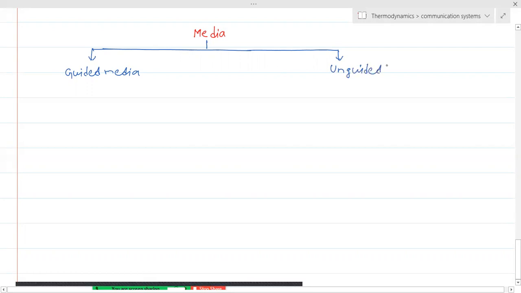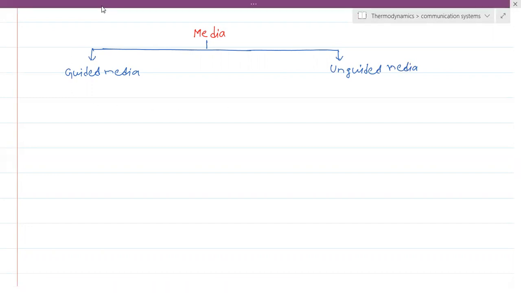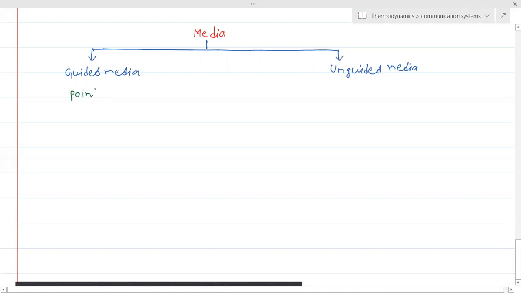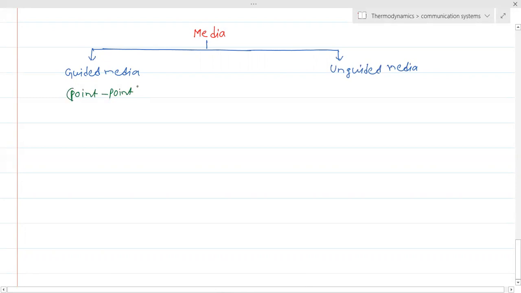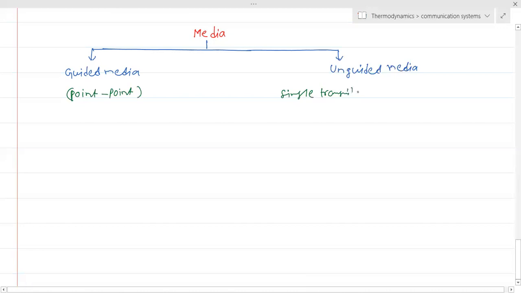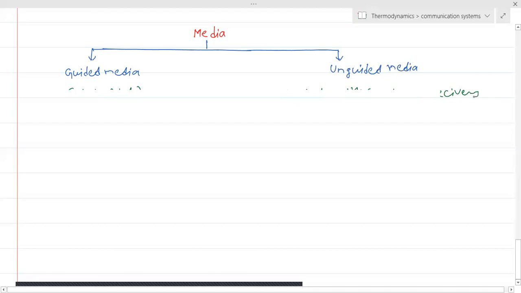Guided media generally means point to point, where the medium is present from point to point. Unguided medium means we have a single transmitter and many receivers.